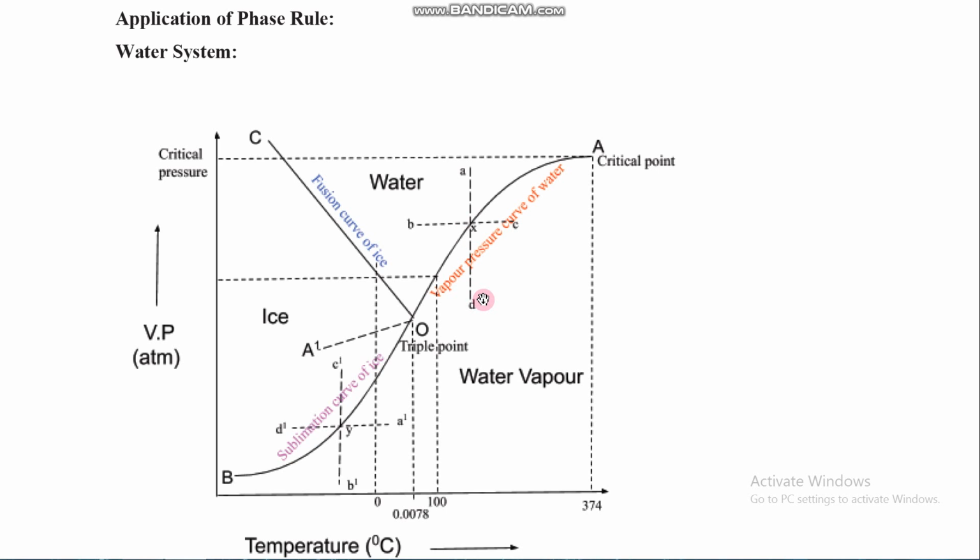Therefore, the area lying below the OA curve contains water vapor. Understood? So the area between the OC curve and OA curve is liquid water, and the area lying below the OA curve is vapor.